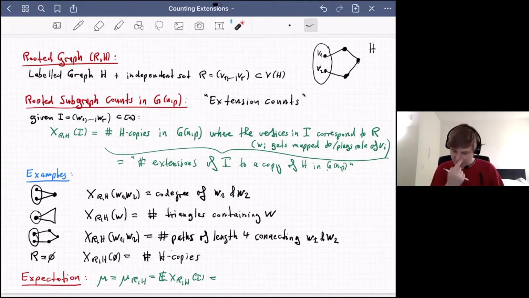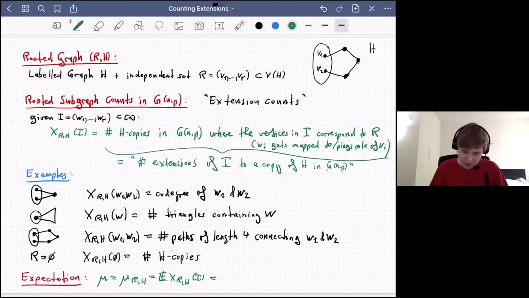So if the root is empty, we just reduce to standard H copies. So we have a rooted copy, and we count these extension counts of some particular set I to a copy of H. What we're going to be interested in is showing that this quantity behaves roughly the same for all possible choices of this I.